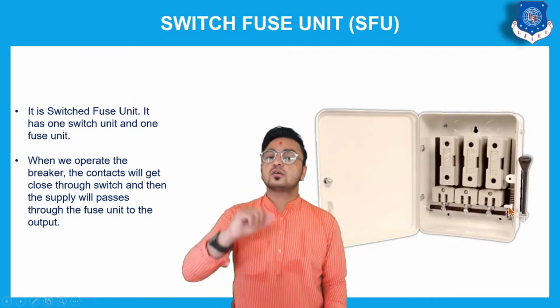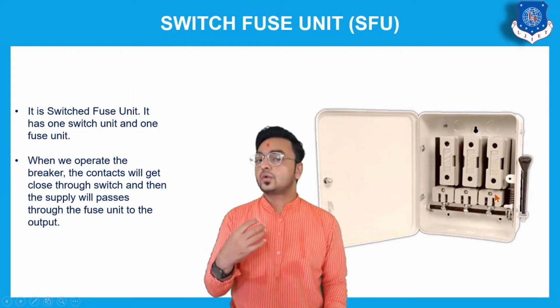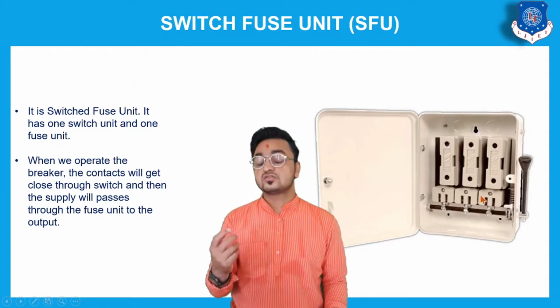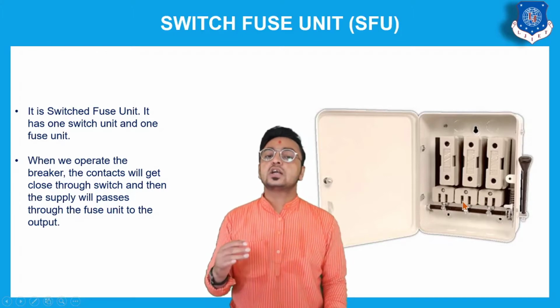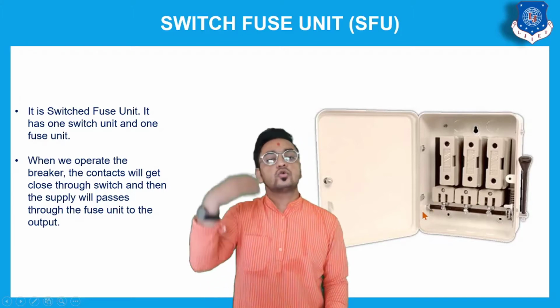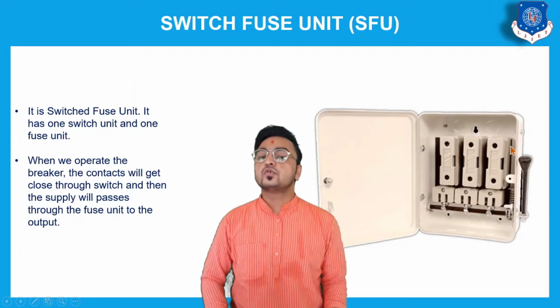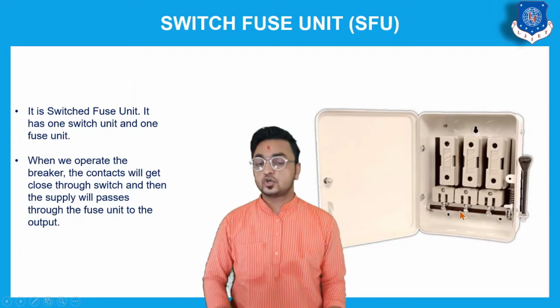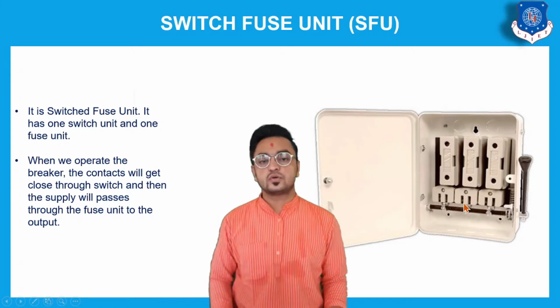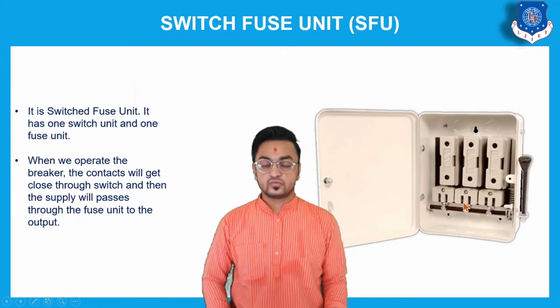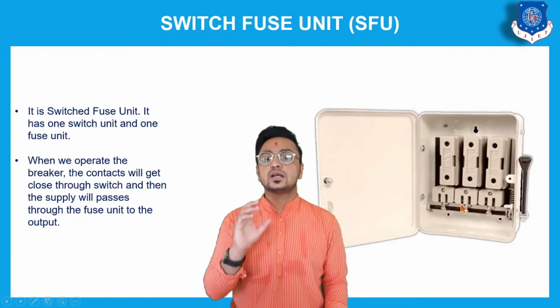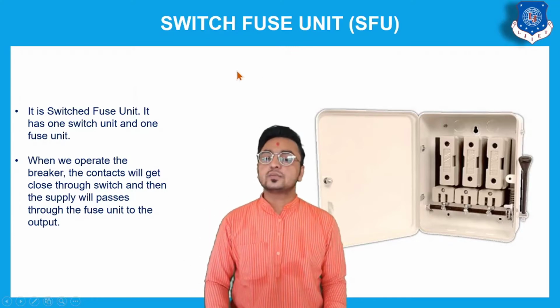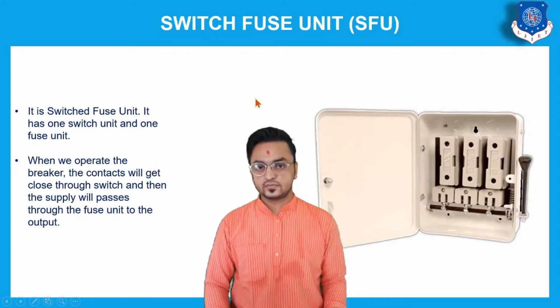When we turn on the switch, current will pass through this fuse unit. In case the current exceeds some particular limit, this fuse will break the circuit to protect that particular system or equipment. So this combination of fuse and mechanical switch is nothing but a switch fuse unit.